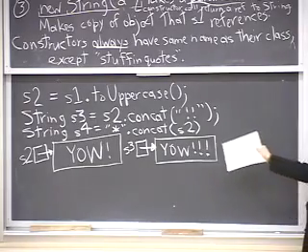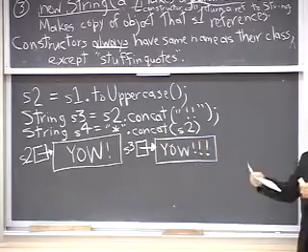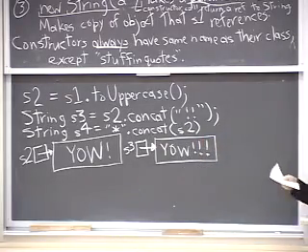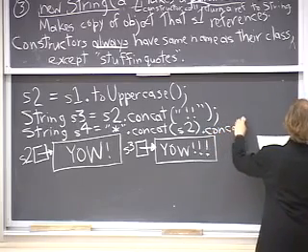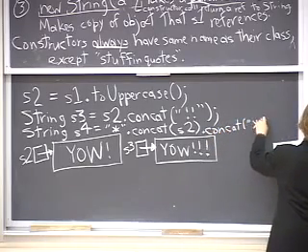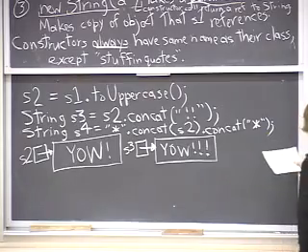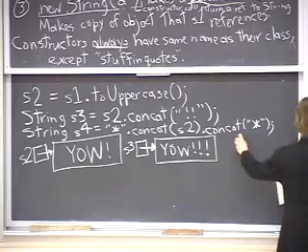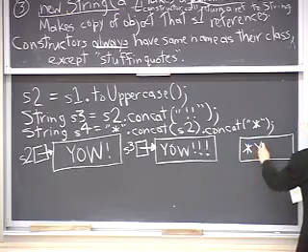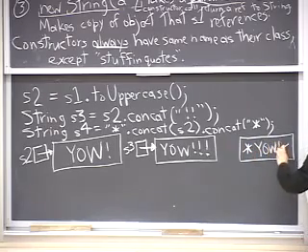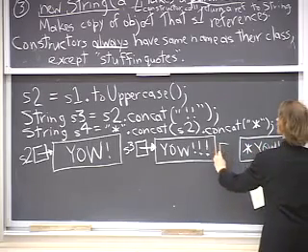Once this concatenation gets computed, it returns a string. I can call another method on that string, like concat again. And now those two together construct this string and make S4 point to that.